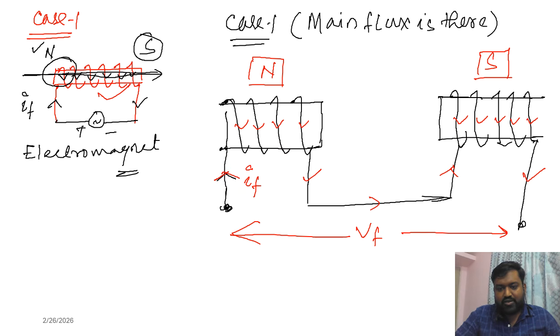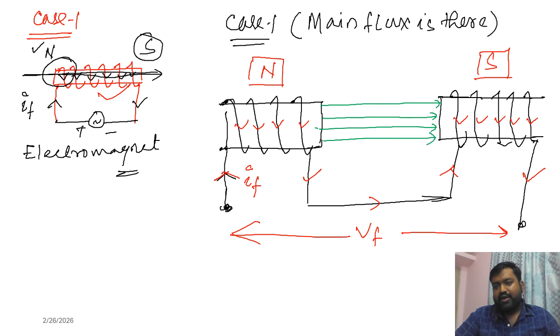And as per the magnetic properties, from the north pole to the south pole the magnetic lines will go. That means from this north pole to this south pole the magnetic lines will go from this point to this point. And you see, the magnetic lines will go means a field is created.